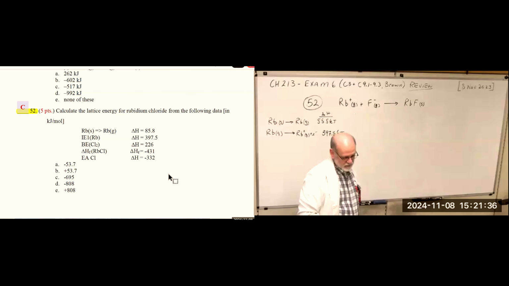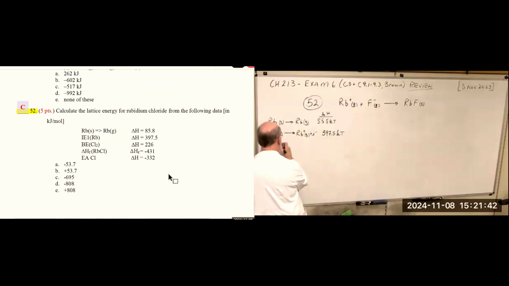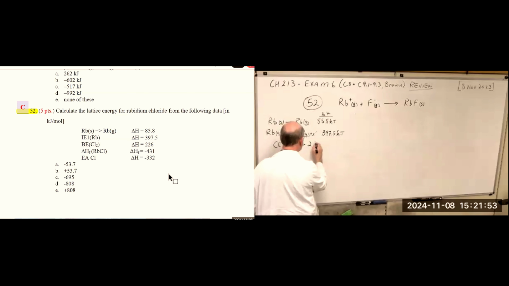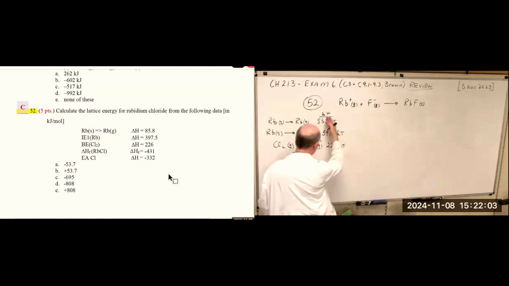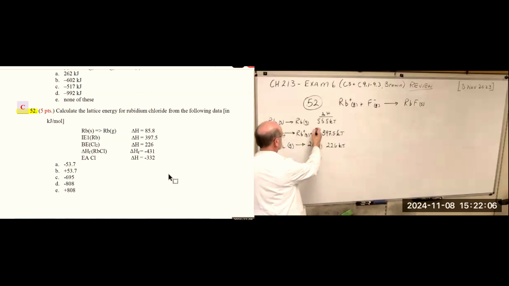The second one is BE for Cl2. BE means bond energy. So bond energy is how much energy does it take to break this bond? So that means it has to be a gas and it has to produce 2 chlorine atoms in a gaseous state. That's what that means. 226 kilojoules. So these are all positive endothermics.